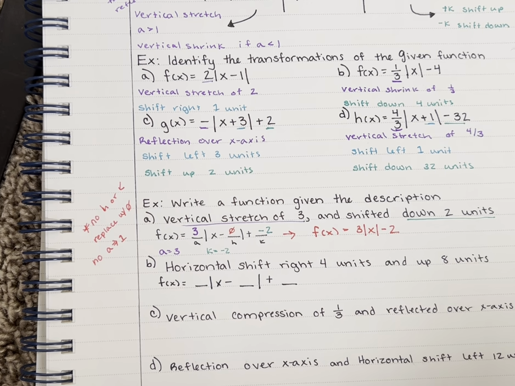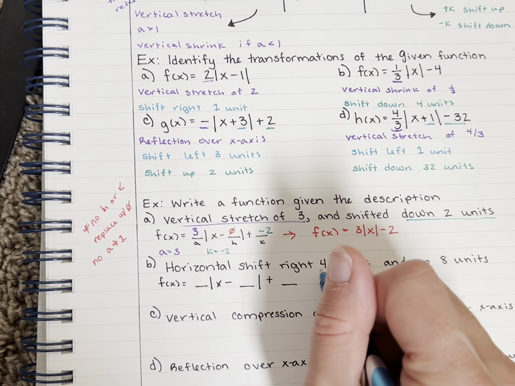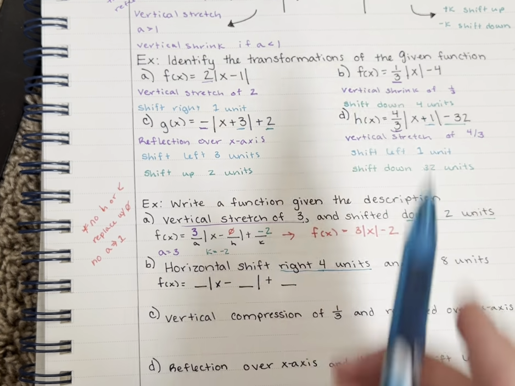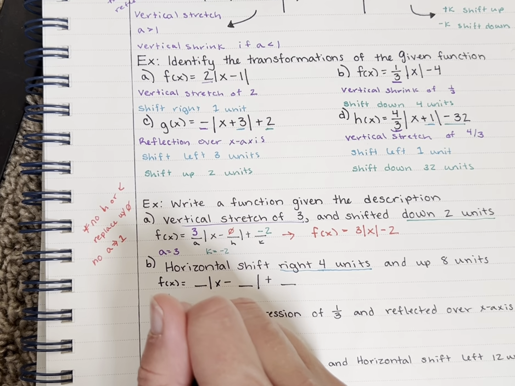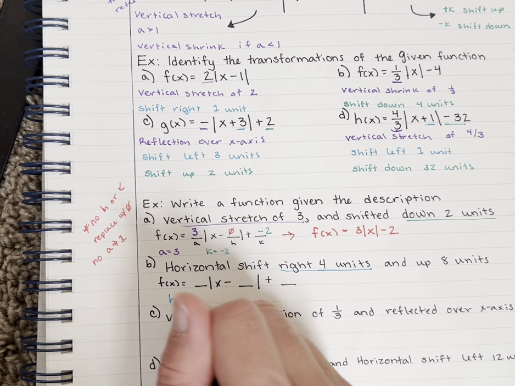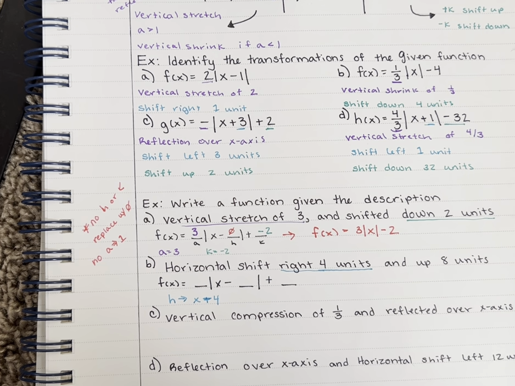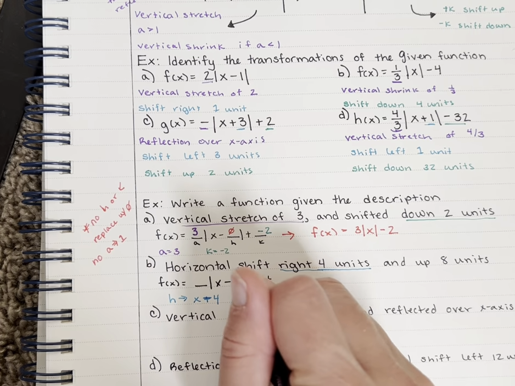Okay, so now I have that I am shifting right 4 units. Right, 4 units is an H value. So H is going to be x minus 4, going to the right. So I'm going to go ahead and put a 4 here.